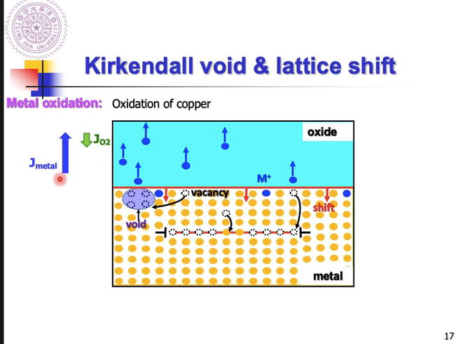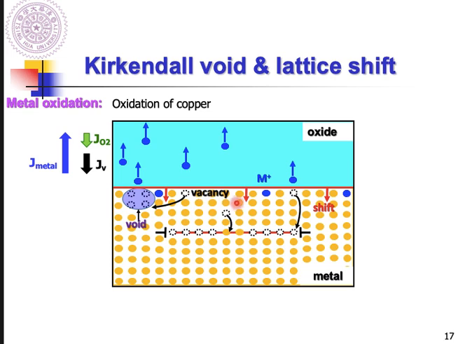So based on this, we have dissimilar fluxes, right? In order to reach a total net flux equal to 0, we definitely have a vacancy flux downward. So you can confirm that this is the Kirkendall effect happening in the process of metal oxidation.